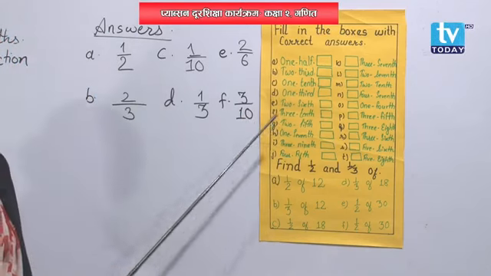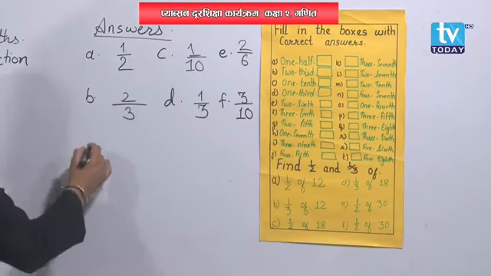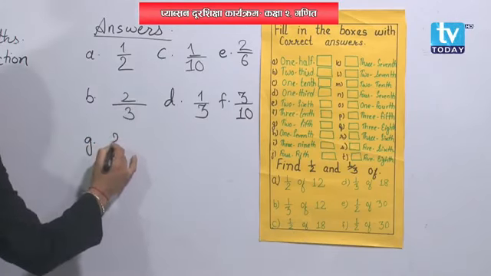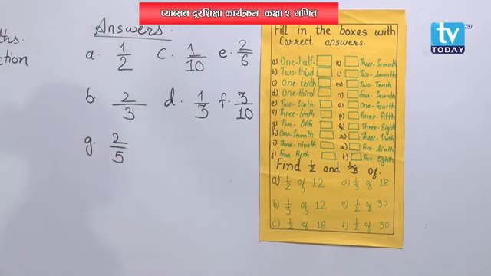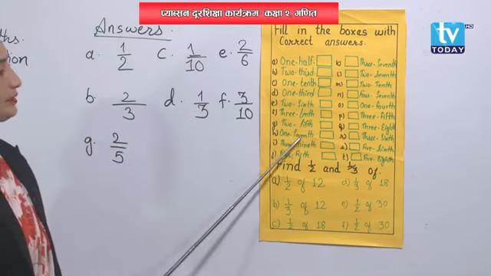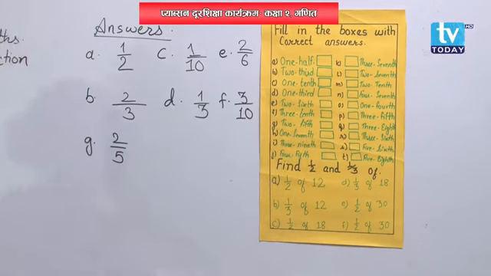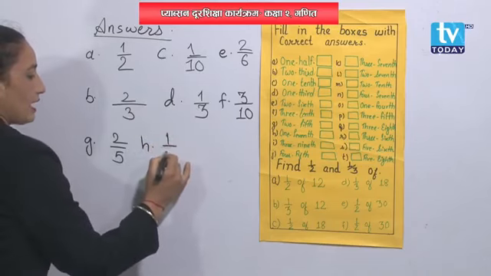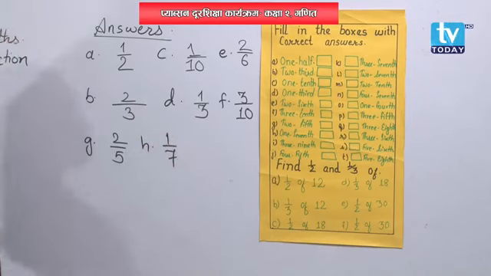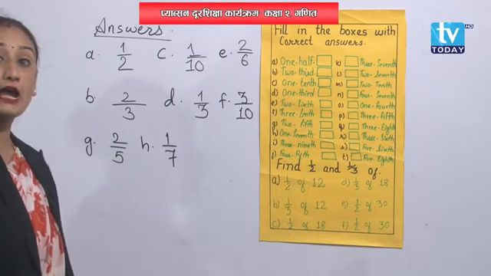G number. 2/5. How to write? 2/5. Okay. H number. 1/7. How to write? 1 out of 7 parts. 1/7. Now 3/9.